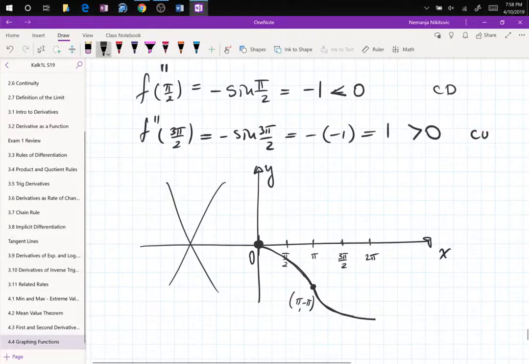Master Desmos, what do we have? Sine x minus x. Right? Now, I have to just make sure you guys are seeing exactly what you are supposed to see.